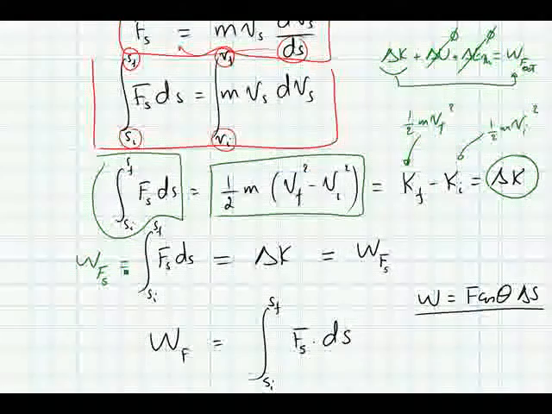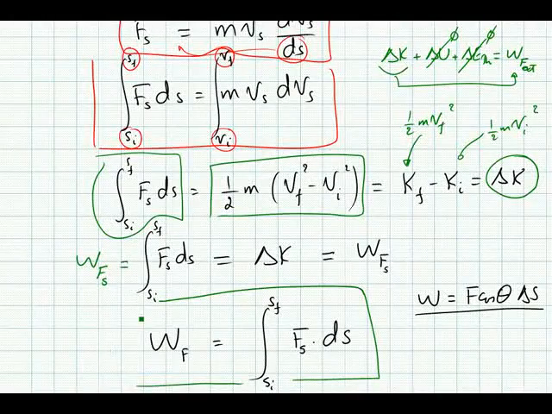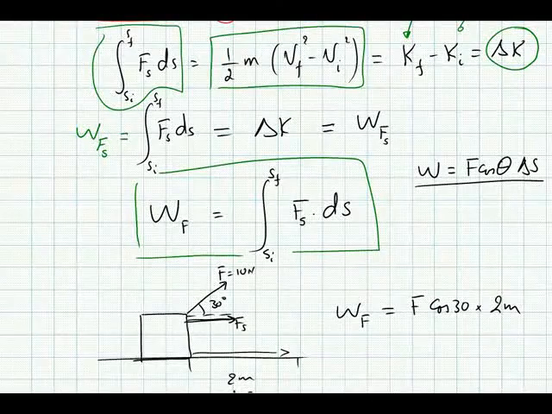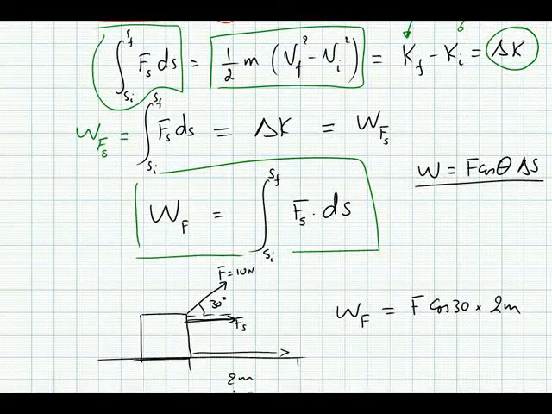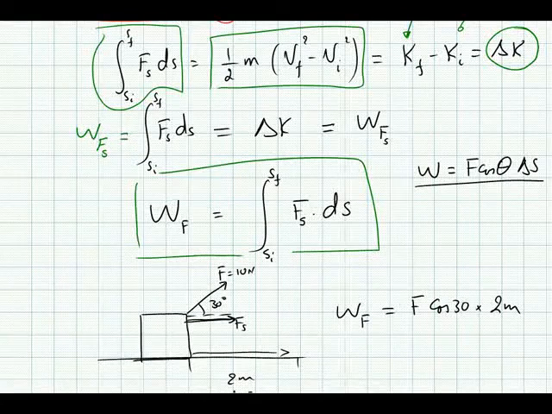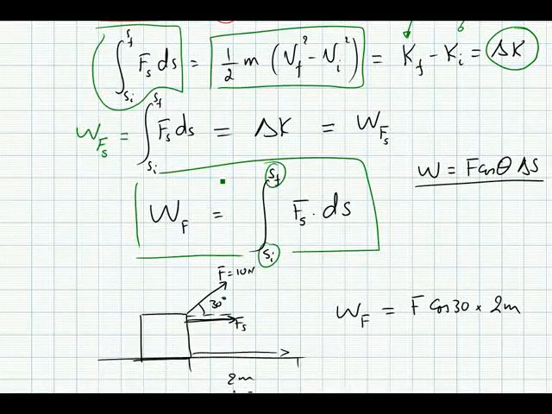So this is our general expression to calculate work done by a force, which says that if you have a force F displacing an object through displacement delta s, then work done is the integral of the parallel component of the force F to the displacement delta s over the displaced interval.